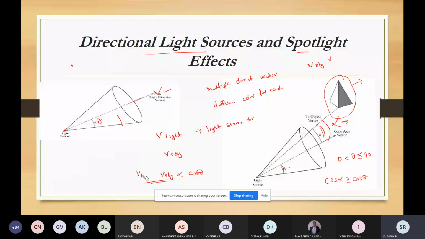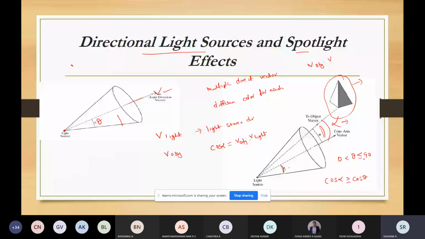We know that cos alpha is given by v object into v light. We also studied that theta is between 0 to 90 degrees, and this object will be visible if cos alpha is greater than or equal to cos theta.